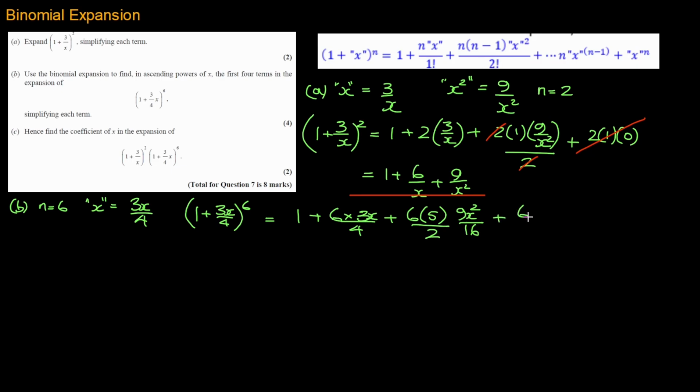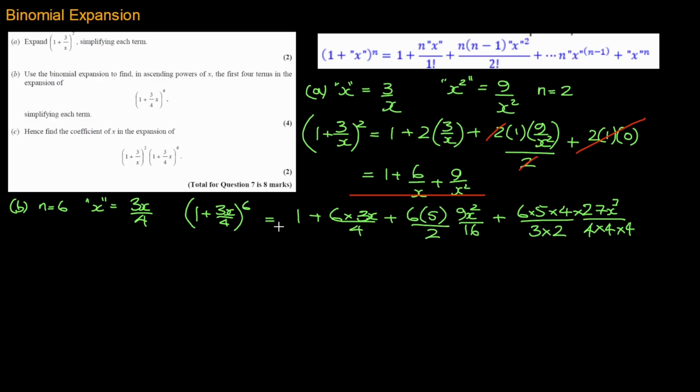Then 6 times 5 times 4, that's your n, n minus 1, n minus 2, and now this term cubed, which is 27x cubed over 4 times 4 times 4, and this divided also by 3 factorial, which is 3 times 2.